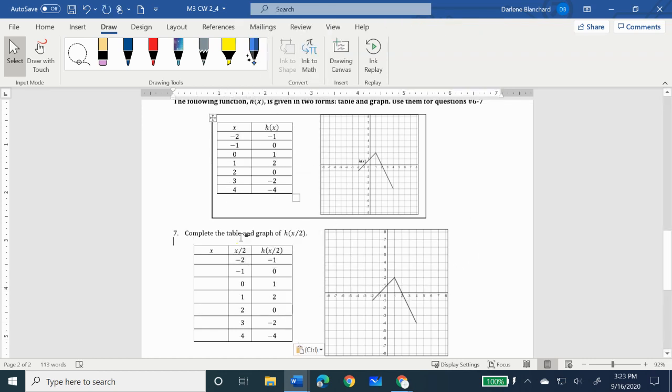So these x values are now in the column for x over 2, so that their corresponding y values go into the h of x over 2 column. If x divided by 2 is negative 2, what was x to begin with?